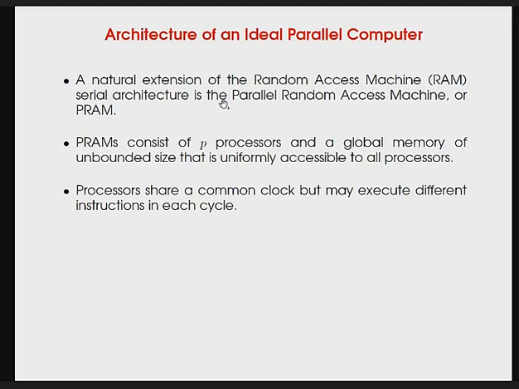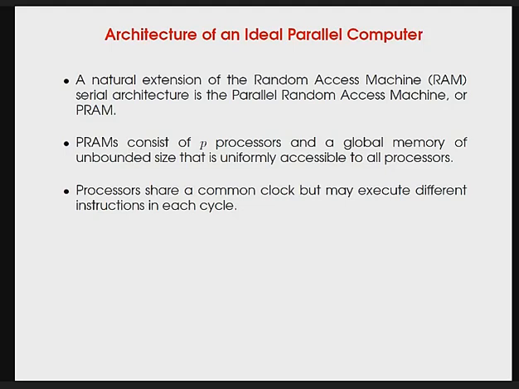The natural extension of a random access machine serial architecture is the parallel random access machine, in short, PRAM. A PRAM consists of p processors and a global memory of unbounded size that is uniformly accessible to all processors. So we can say that all processors access the same address space.